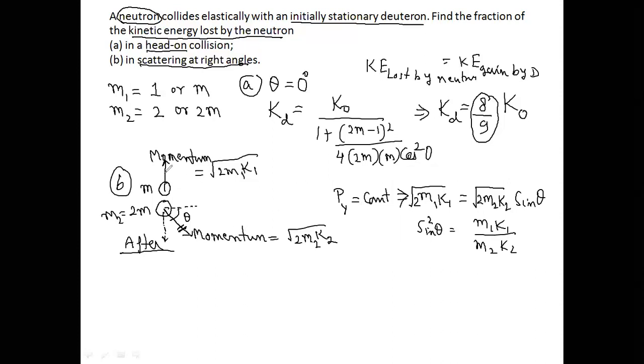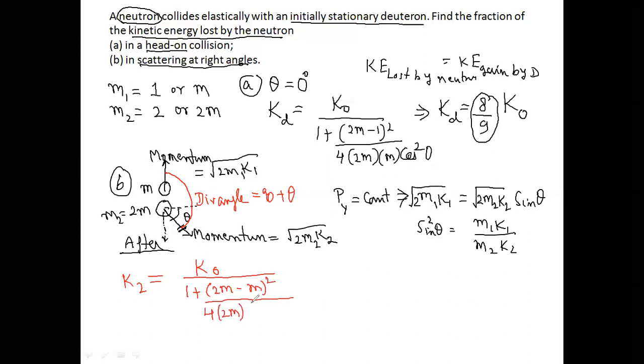Now, the total divergence angle. Notice that the divergence angle is 90 plus theta. Therefore this kinetic energy K2, as we derived in our result, should be K0 divided by 1 plus (M2 minus M1) square, that is M square, divided by 4 M2 M1, and cosine square theta.